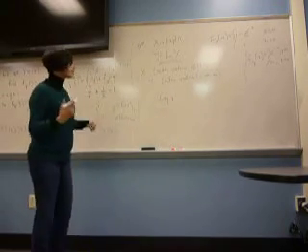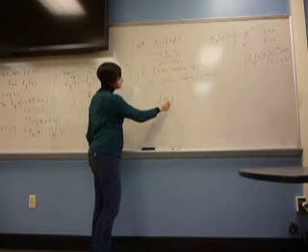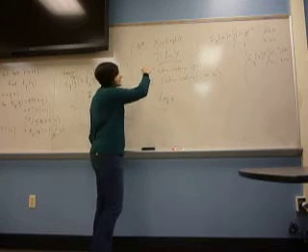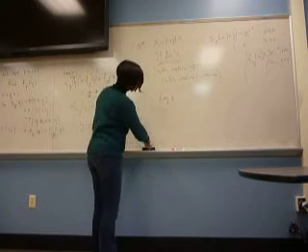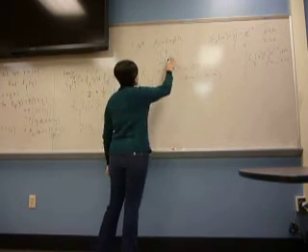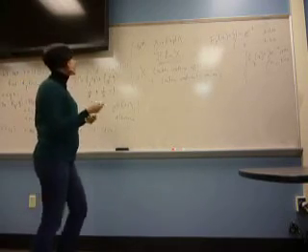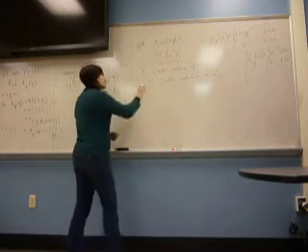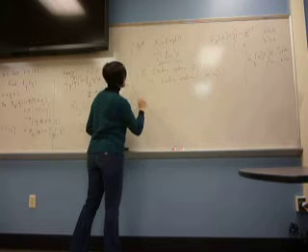Log base 10 is not a number that appears naturally. Exponential, log base e, is the one that appears naturally. So we are doing the problem for natural log, and you can do something similar for other bases.